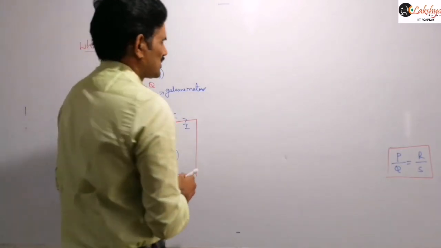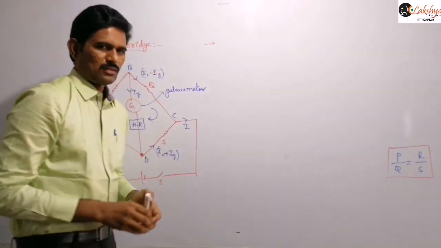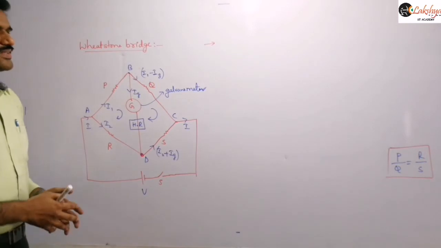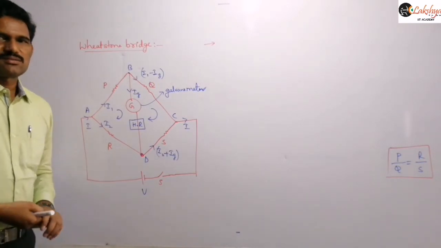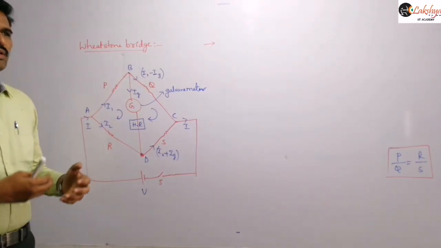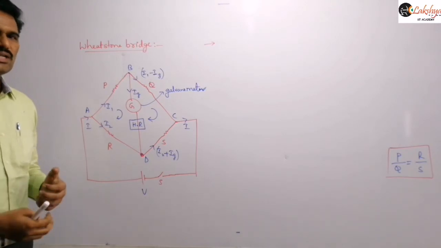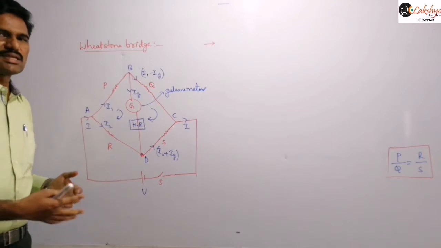Now let us write some points regarding this Wheatstone bridge. As I said, this Wheatstone bridge is generally used to find an unknown resistance. We can calculate more accurately if all these resistors are the same or at least nearly the same.